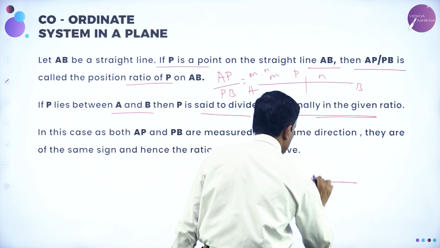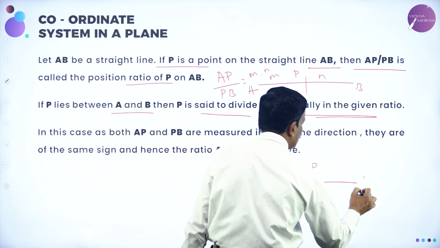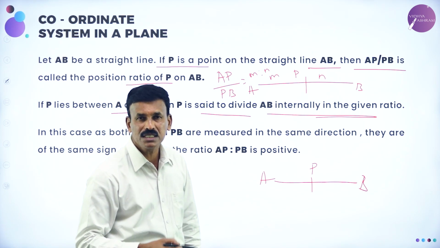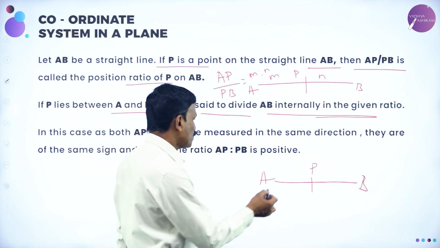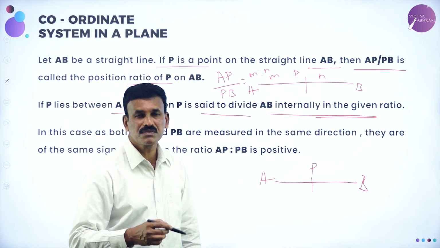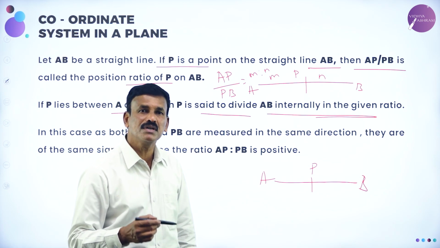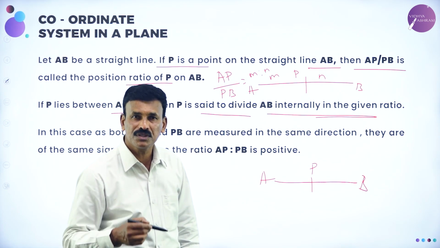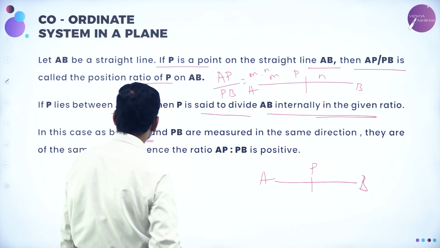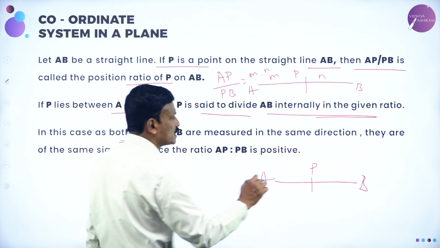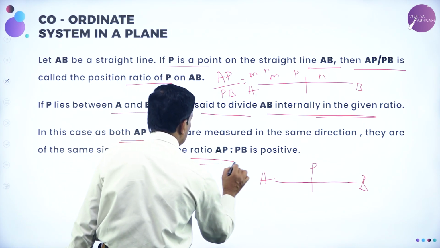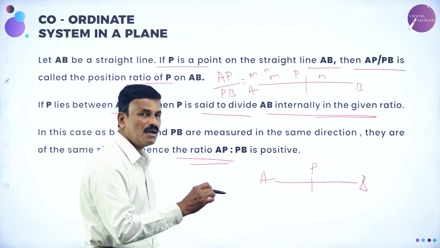In this case, both AP and BP are measured in the same direction, they have the same sign, and hence the ratio AP is to BP is always positive.